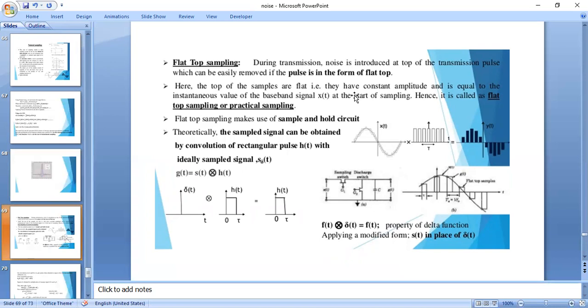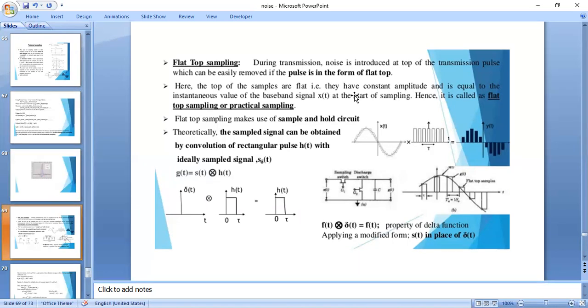If the top is flat, you can easily remove that noise. So this is the best sampling technique, and it is also called a practical sampling technique.